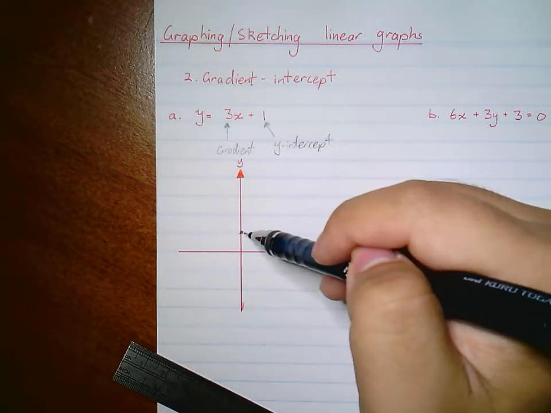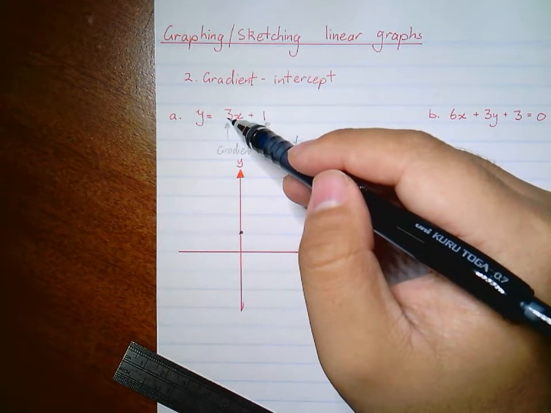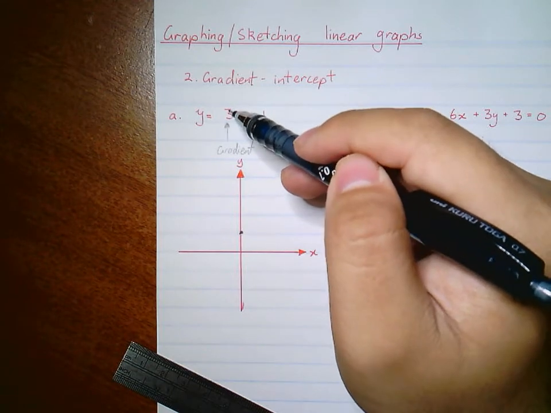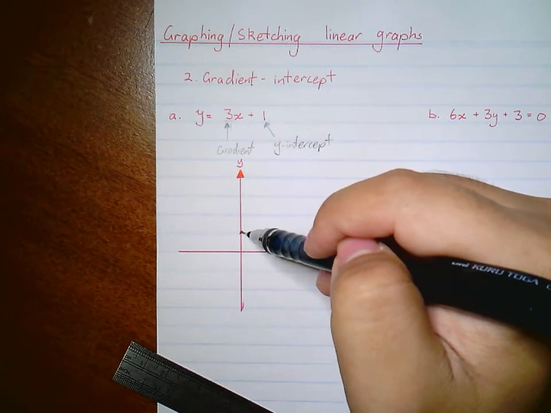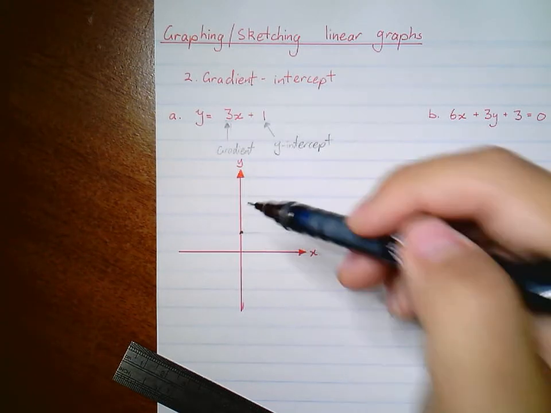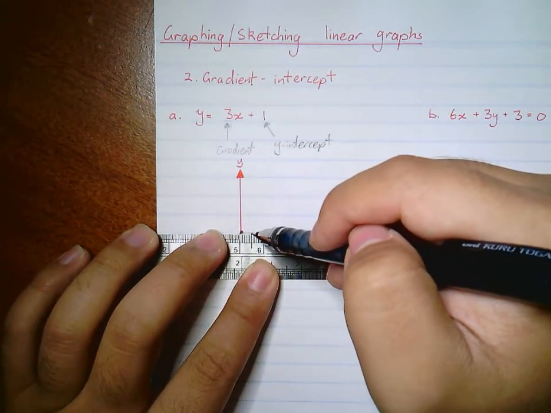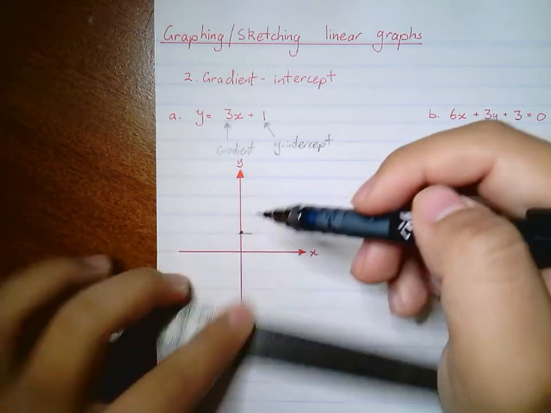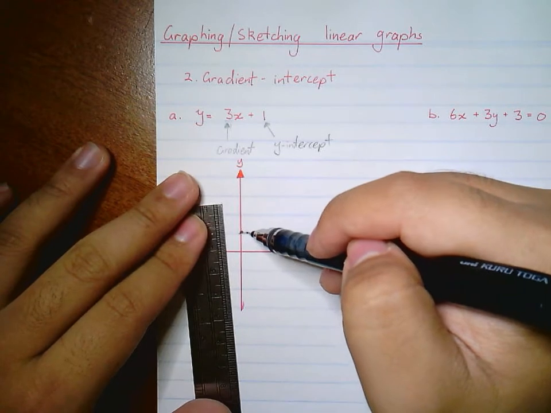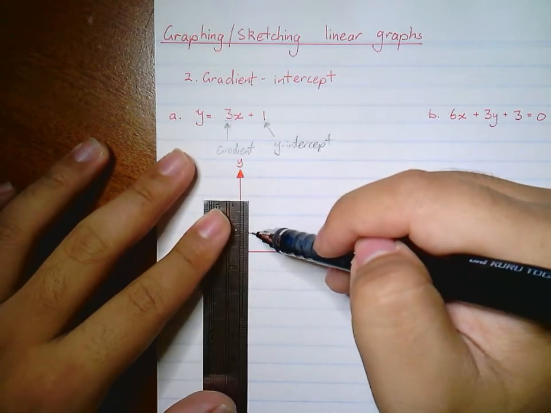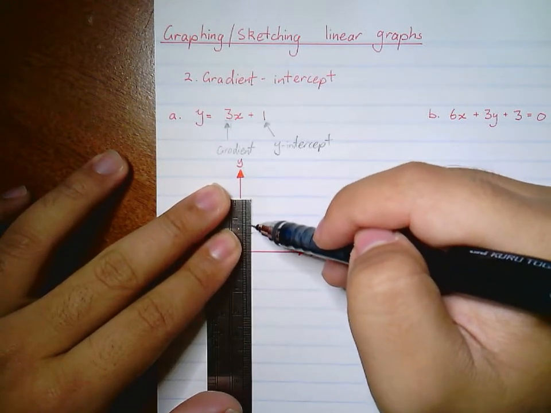Okay? And since we know that the gradient is 3, which is rise over run, this has a gradient of 3 over 1. So when it has moved 1 unit across, let's just say there is 1 unit, this would have moved up 3 spaces. So that's a half centimeter is 1 unit, 1.5 centimeters is 3 units.